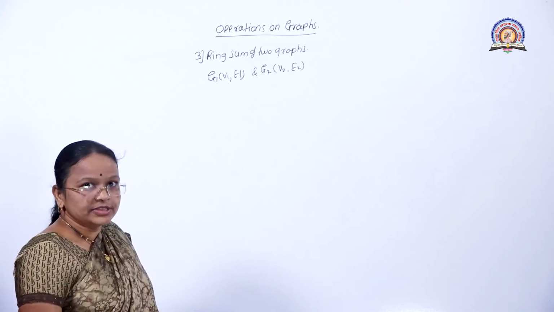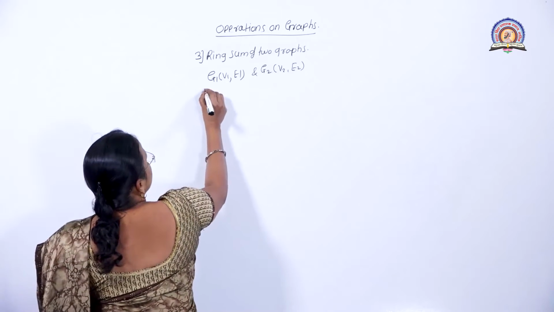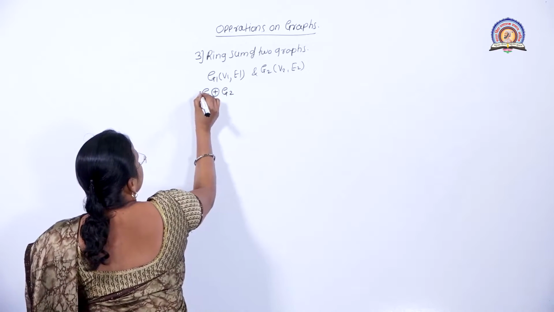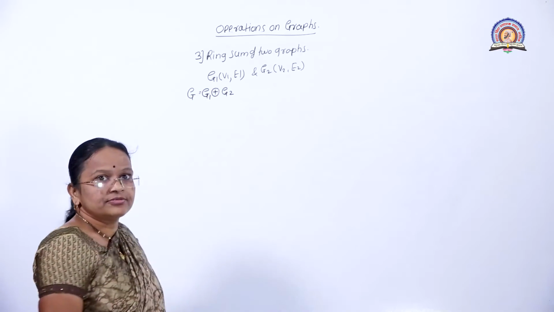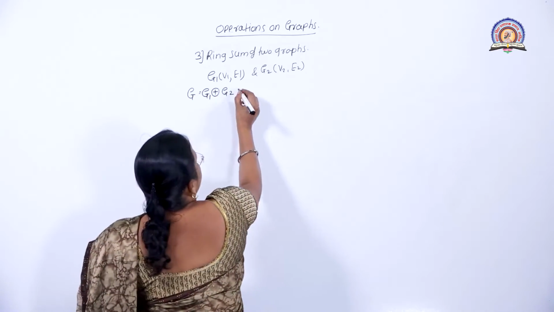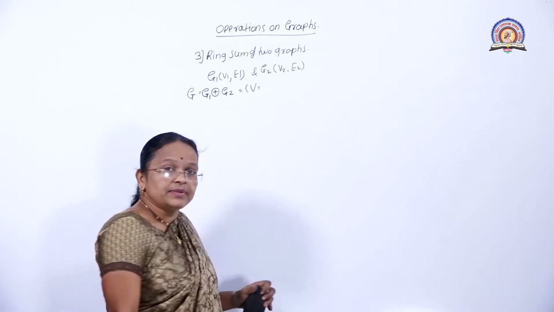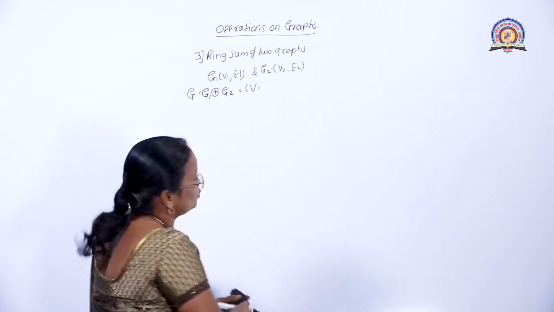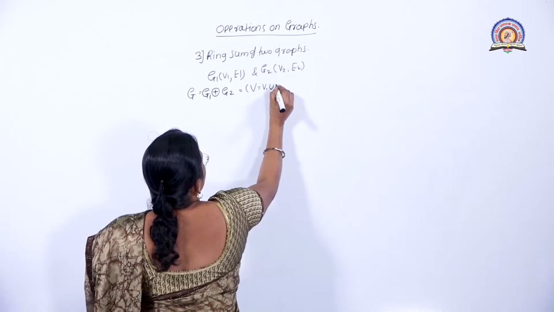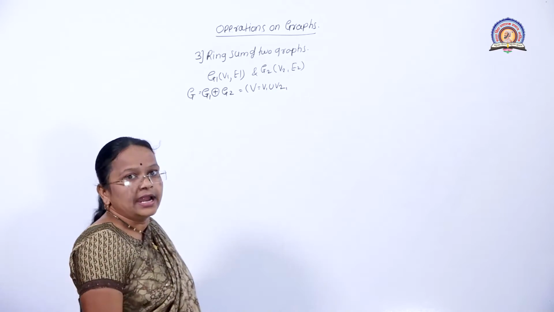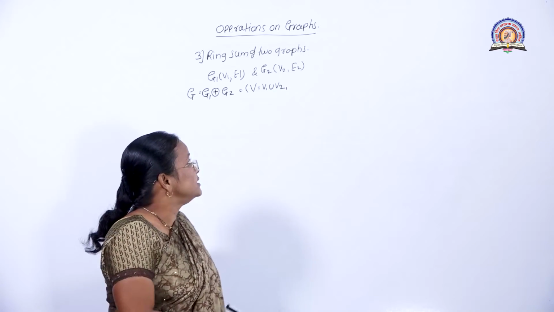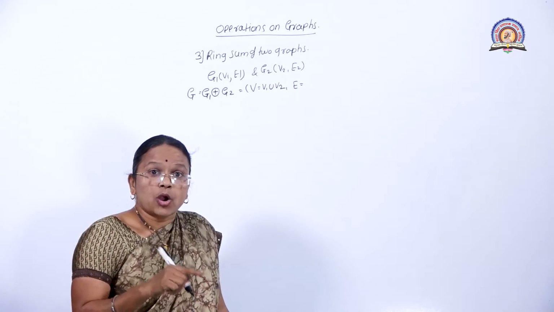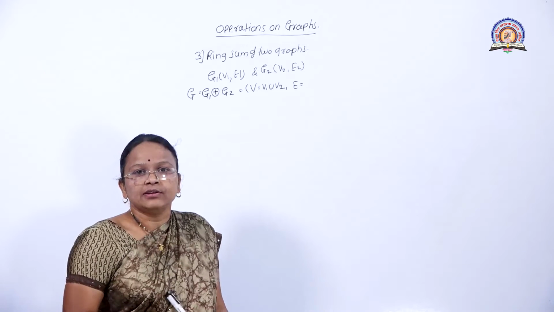Then the ring sum of these two graphs is denoted by G1 ring sum G2, and this is again a graph whose vertex set V is the union of vertex sets V1 and V2, that is V = V1 union V2, and whose edge set E consists of those edges which are either in E1 or in E2 but not in both.